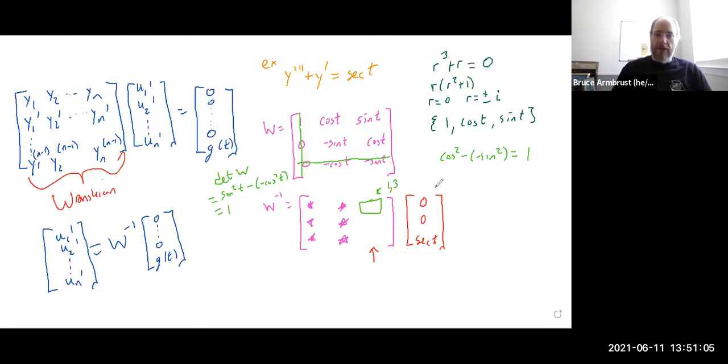So for this entry, we'll call this W inverse 1, 3. It's going to be negative 1 to the 1 plus 3 times 1 divided by 1. And those two ones are different ones.